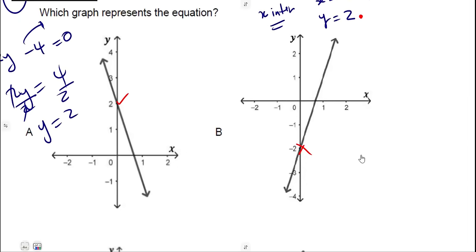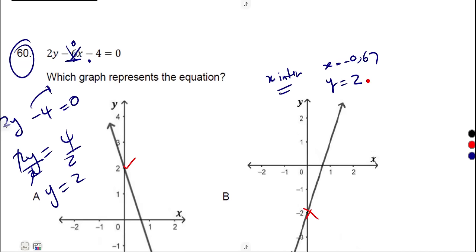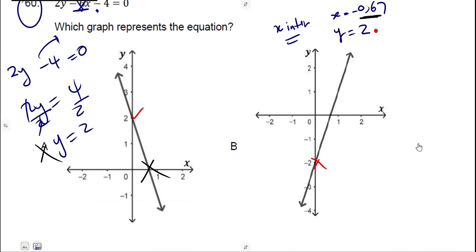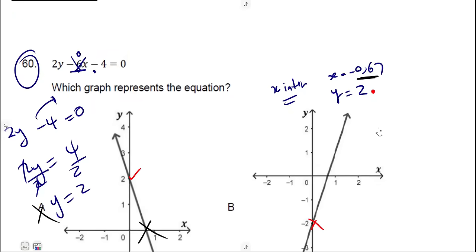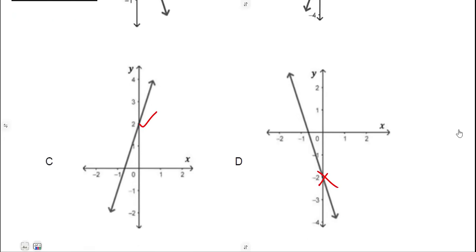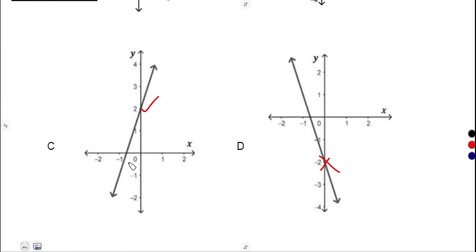Let's move on to the x-intercept. The x-intercept is a negative 0.67, not a positive. So meaning to say A is also out. Does not correspond because our x is negative. All right. Where we have got y as 2 here, our x is it on the negative side?